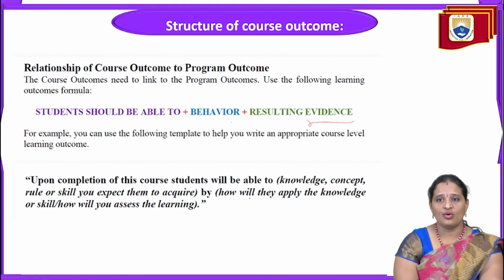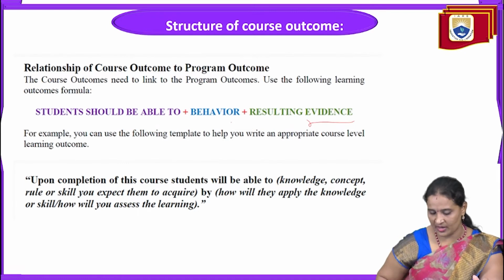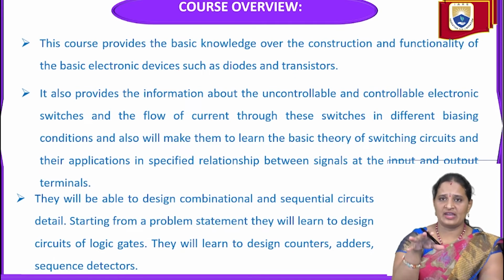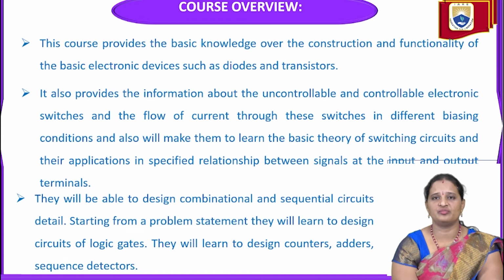That means by studying that particular concept, what they will acquire, and after acquiring that, what they can do. That is what a course outcome tells us. Now, first of all, for any course, the overview should be formed.